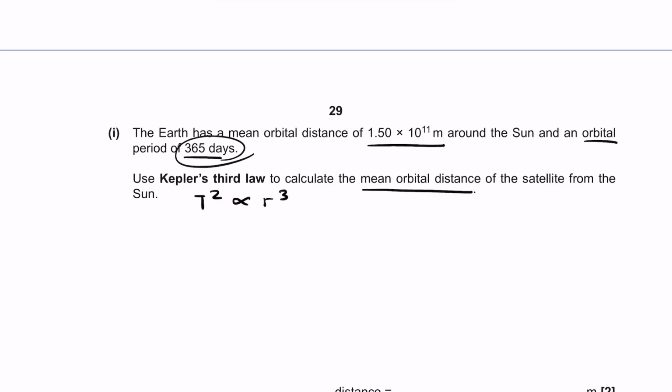So if you just put that down in a ratio form, we will be able to get the value of r for the satellite. We can say that r of the satellite cubed over r of the Earth cubed is equal, because the proportionality constant cancels out, to the time period of the satellite around the Sun over the time period of the Earth around the Sun, squared.